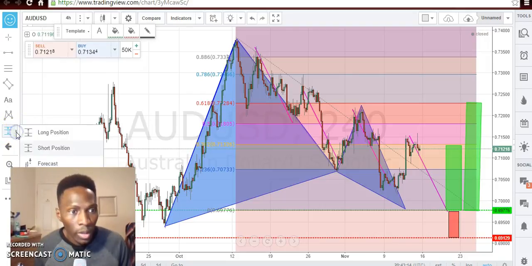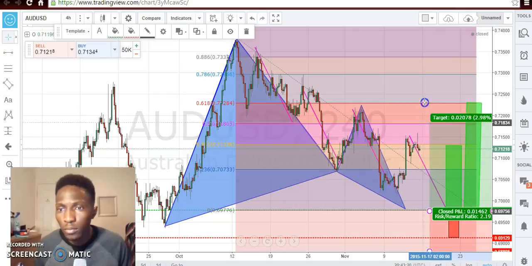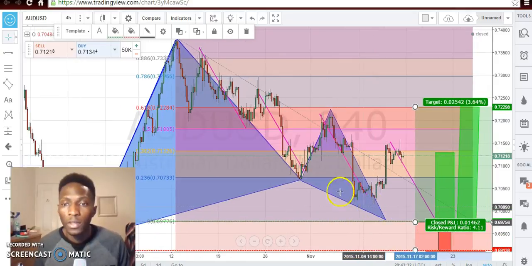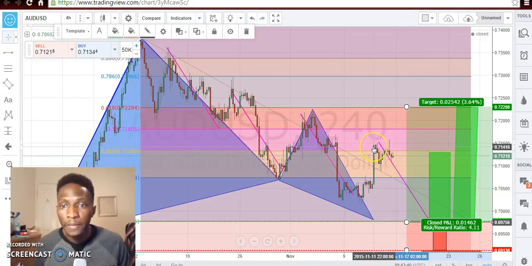Let me just bring in my long position just to check. Yeah, so we got a risk to reward ratio of at least 4 to 1 on the Gartley pattern. So if this market opens anywhere near that structure, we know we're going to be short in this pair, because we've got enough reason for us to short this pair.